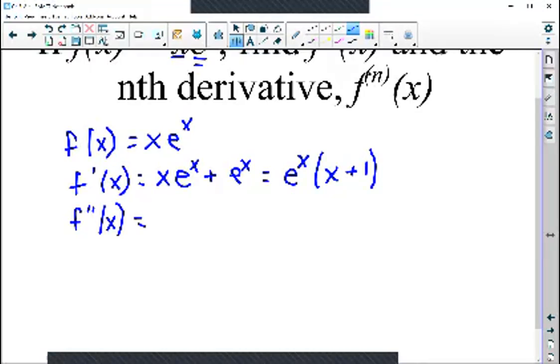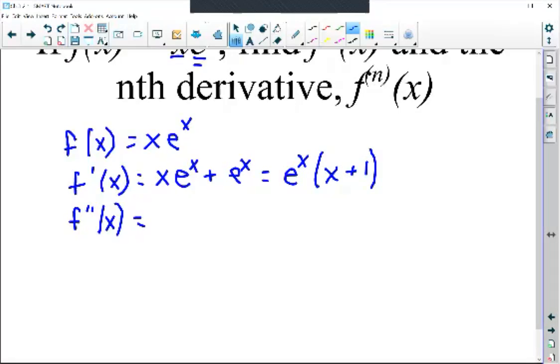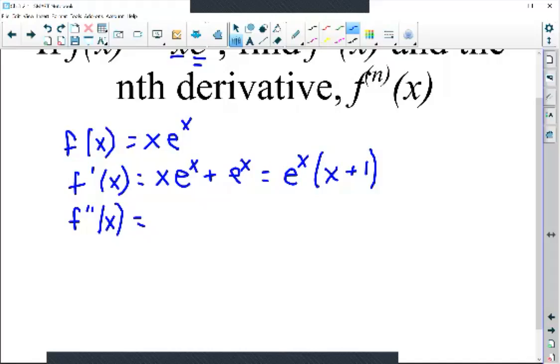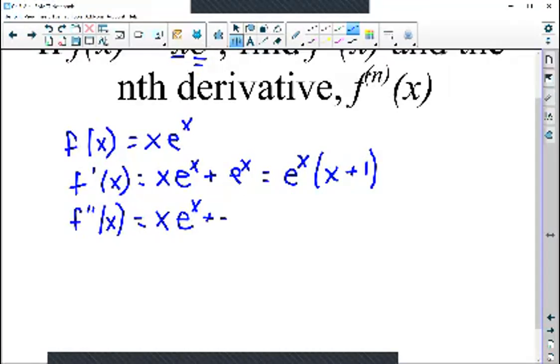But I already know the derivative of x times e to the x is right here. So if I didn't remember that, I could certainly go through the product rule again. But the derivative of x e to the x, first times the derivative of the second plus the second times the derivative of the first.